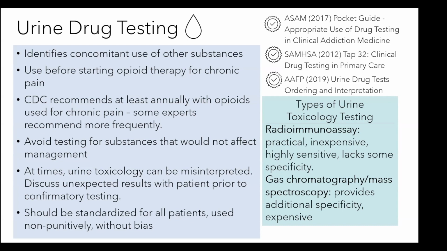I've seen this metabolite chart several times, but I have it here in the AFP guideline. They have a step-by-step of how to order and interpret urine drug tests. So I thought that was a helpful resource. I'd link to the toolkit as well as the other two I've listed up top. One's from SAMHSA and the other one's from ASAM.